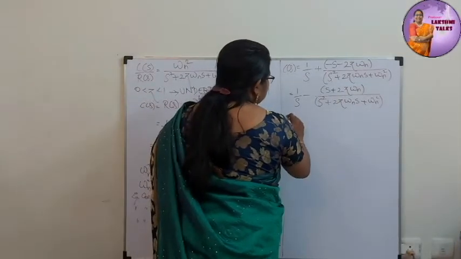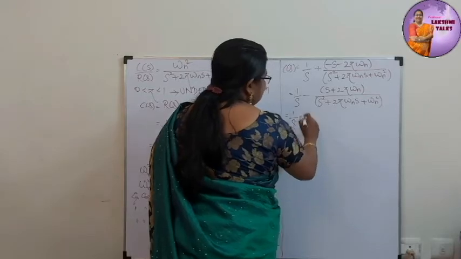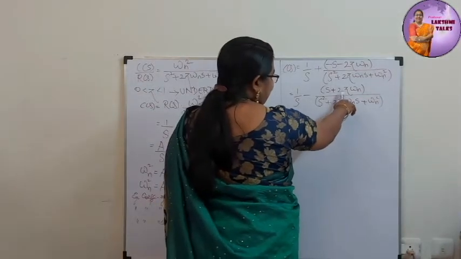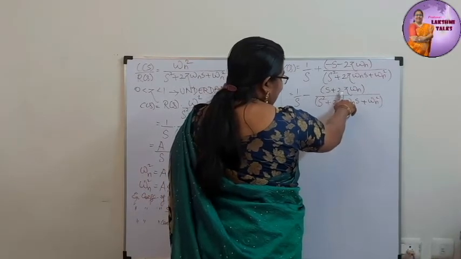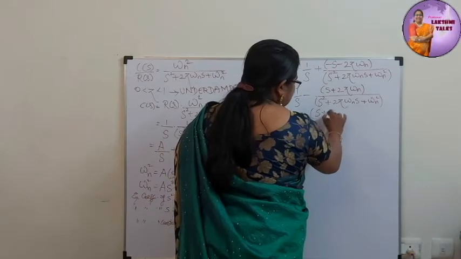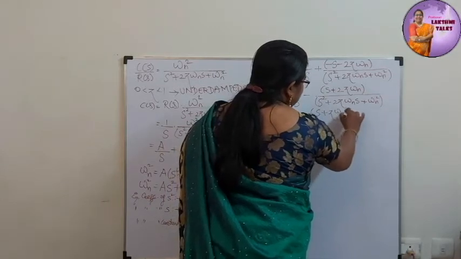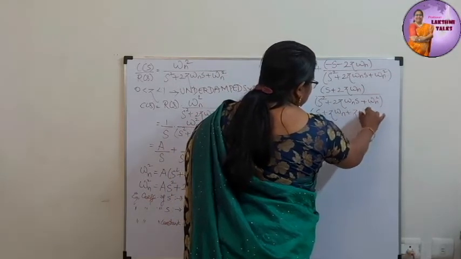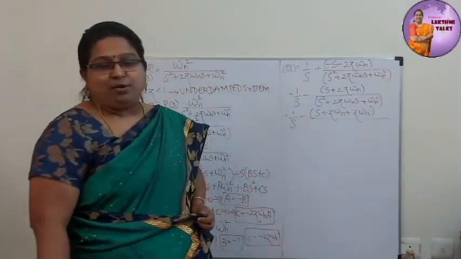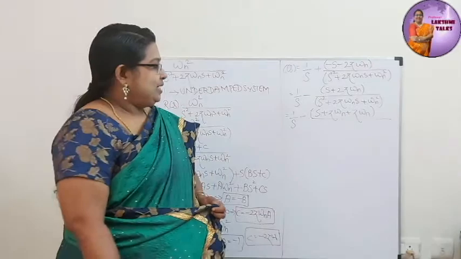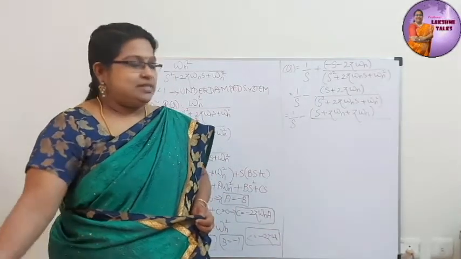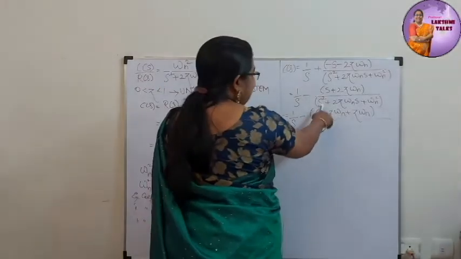So we'll have this 1 by S as it is. In the numerator, you can rewrite this 2 zeta omega n as zeta omega n plus zeta omega n. Is there any problem? No. So S plus 2 zeta omega n is nothing but S plus zeta omega n plus zeta omega n. What about the denominator?